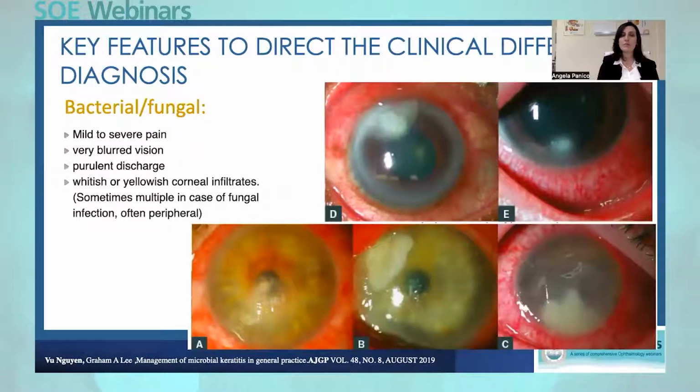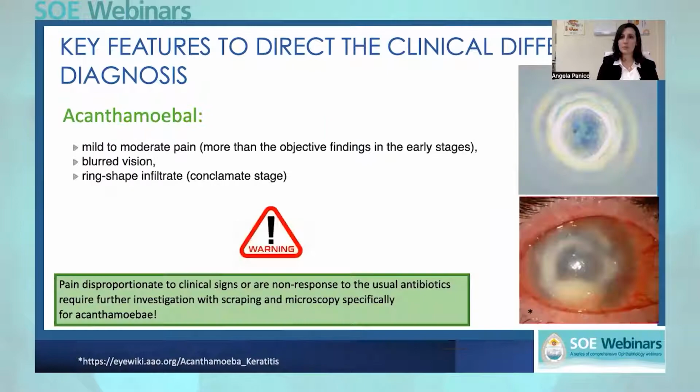In case of bacterial or fungal keratitis, the pain is mild to severe, the vision is very blurred, the discharge is purulent, and the infiltrates of the cornea are white, whitish, or yellowish, sometimes single, sometimes multiple.